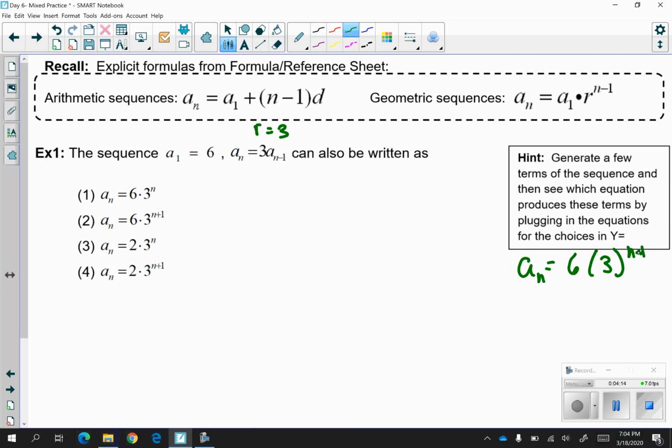A good trick for this is to figure out what your first few terms of the sequence are going to be. So we're starting with a sub 1, which is 3. I lied, a sub 1 is 6. And then that means a sub 2 would be 3 times 6 to give you 18.